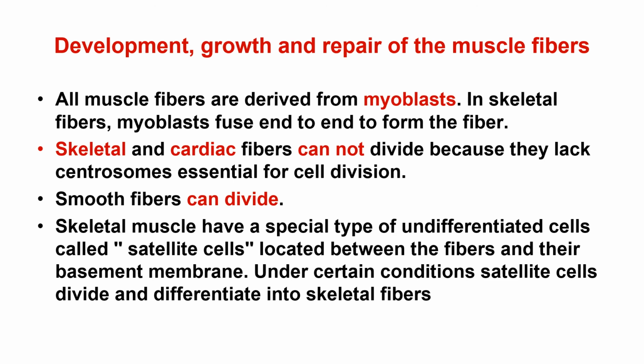Skeletal muscle has a special type of undifferentiated cells called satellite cells. They are located between the fiber and its basement membrane. Under certain conditions, satellite cells divide and differentiate into skeletal muscle fibers. These fibers may join existing fibers to lengthen them or replace damaged ones.